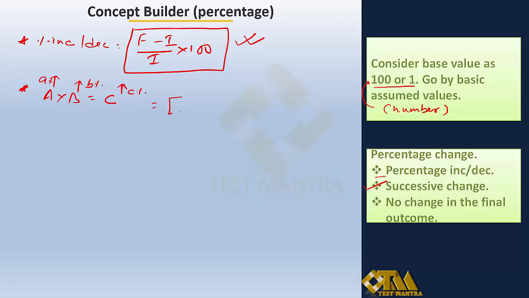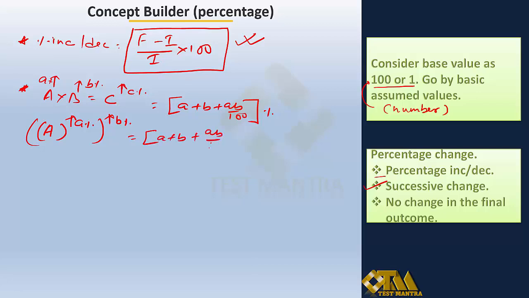The overall value is always supposed to be A plus B plus AB by 100 %. Ideally this is not successive change, but I can utilize the same thing in terms of successive change. Let's say there is a value, I have increased it by A% and further I have increased the value by B%. Now that will be considered a successive change. There also the value is supposed to be A plus B plus AB by 100 %.